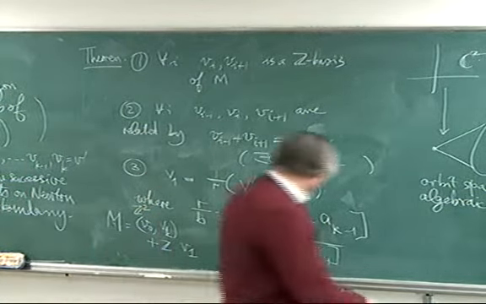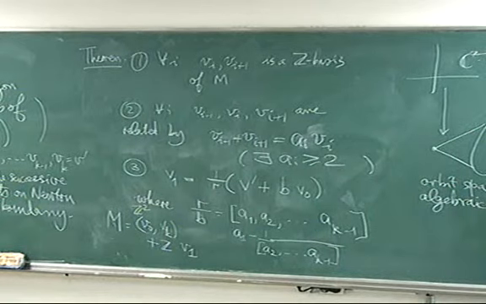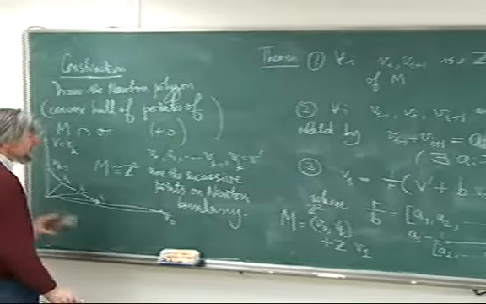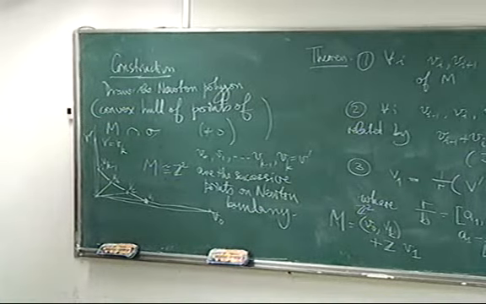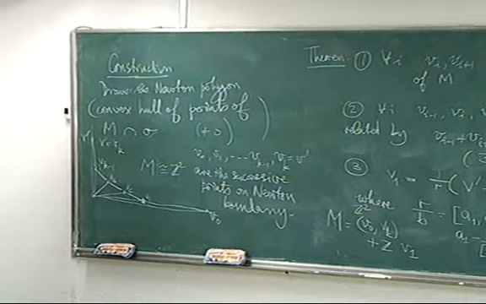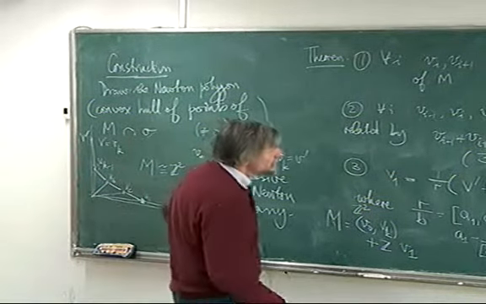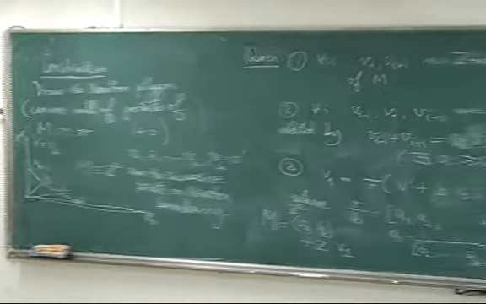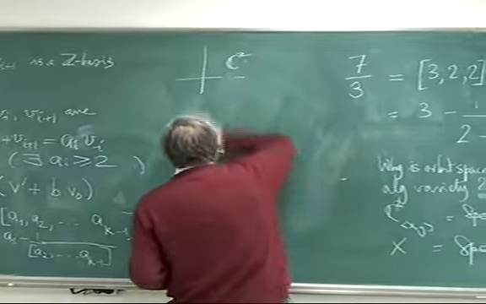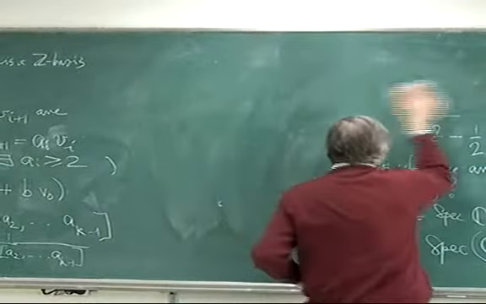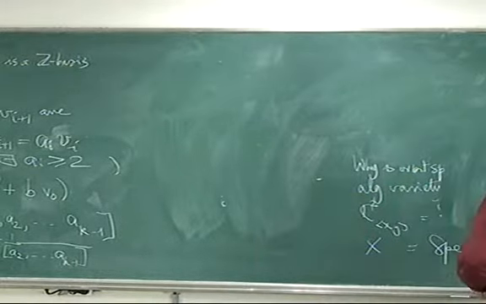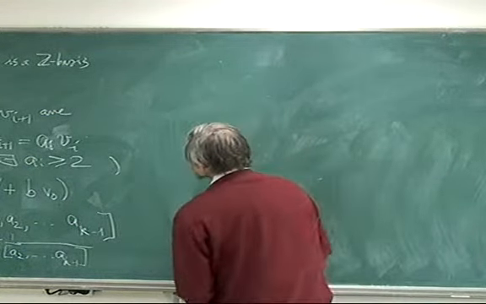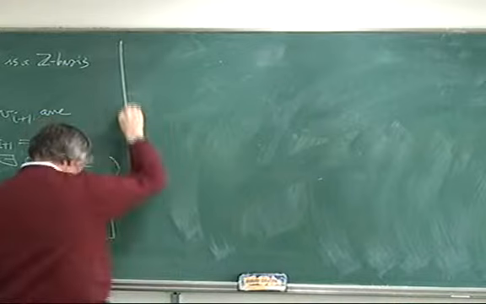I stated it as a theorem, but this is really very trivial. So the advantage of stating things as a theorem is that you just have to prove very, very trivial things.